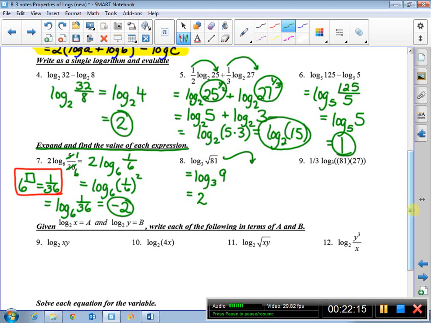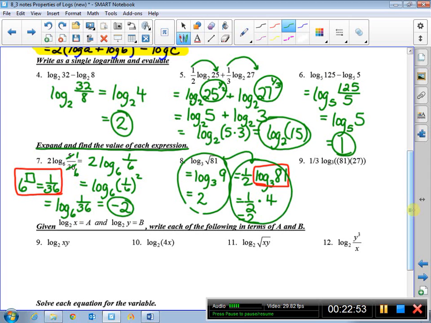Or, if you thought of this as saying, this is 1/2 log base 3 of 81, then it is the same as 1/2 of this expression evaluated. So what exponent goes on 3 that gives you 81? And that's a 4. So 1/2 times 4 is 2. So either way you do this, you get the same answer.